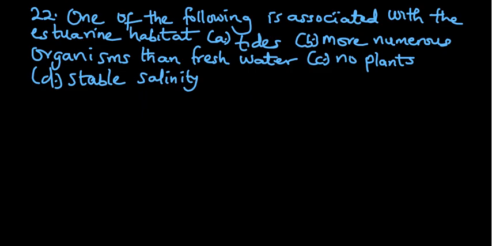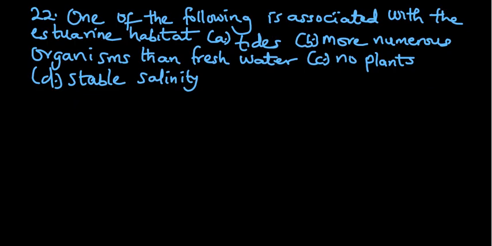So one of the following is associated with estuarine habitats. You need to know what estuarine habitat means. Estuarine habitat is a body of water formed at a coast as a result of action of tides which mix salt water from the sea with what? Fresh water.